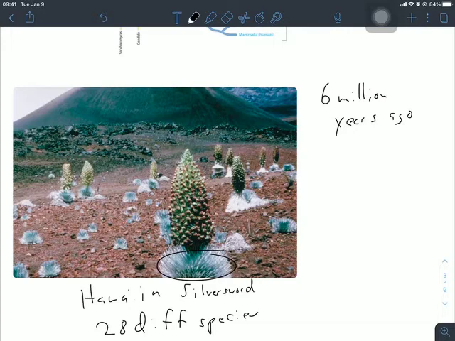These Hawaiian silverswords are very, very prolific, having diversified into 28 different species over the course of 6 million years, from what we can see is a single common ancestor.